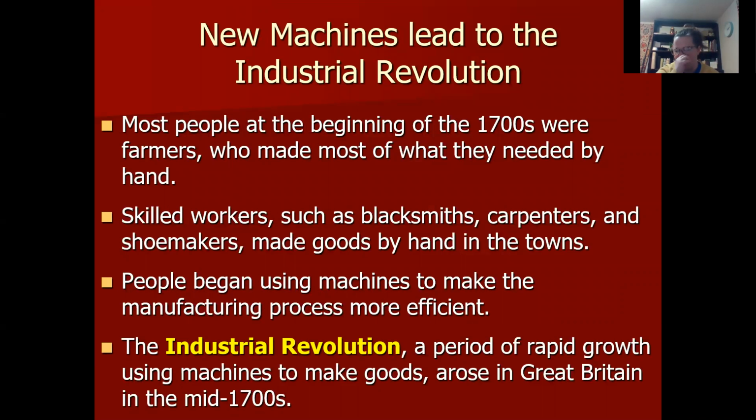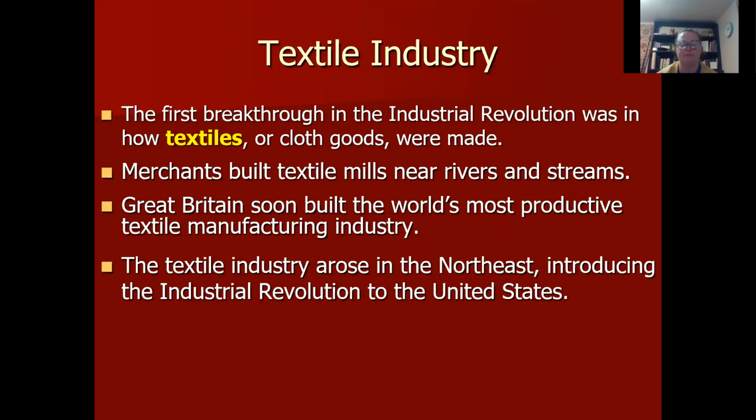Going back really quick, new technologies in the early 19th century, such as the telegraph and steam locomotive, which we'll talk about a little bit more in a minute, also had a tremendous impact on society. It was now possible to communicate and travel further and faster than ever before.